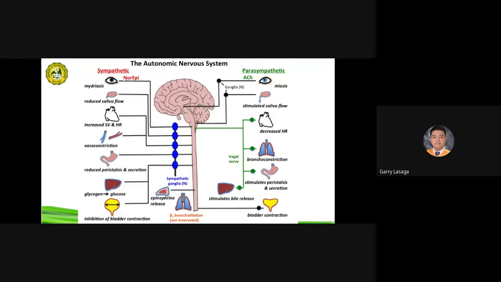Now, for example, one of these nerves will act on the eyes, and it will induce mydriasis.